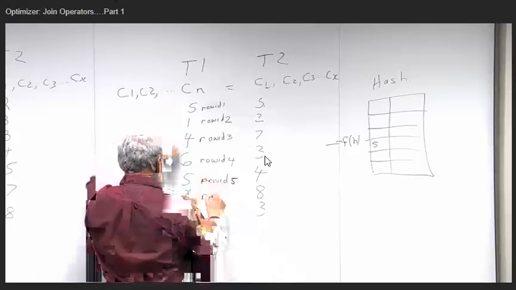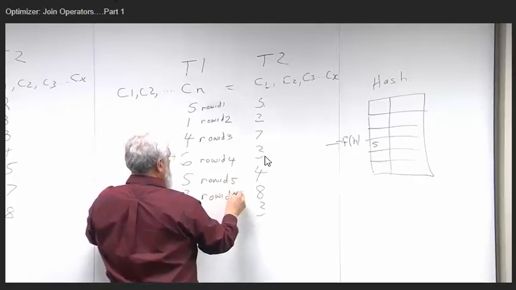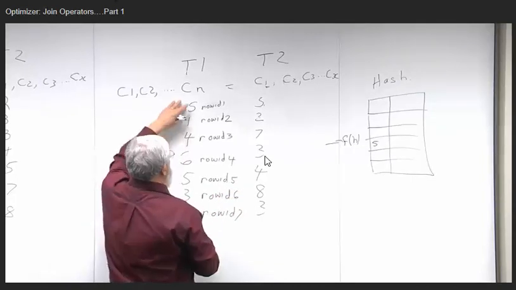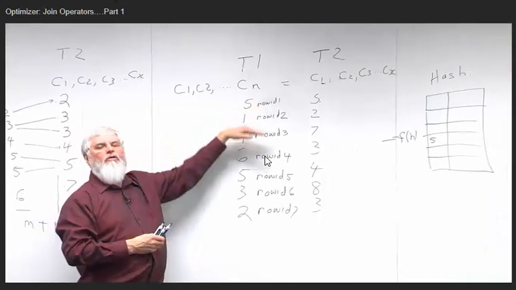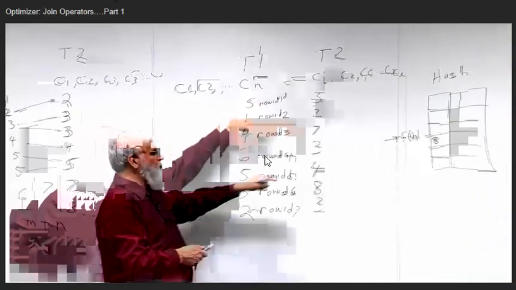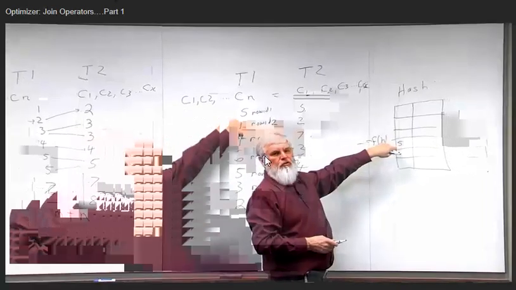Okay, so we have the 7 row IDs. When I hash it to this location, I don't actually need to store the key because it was always hashed to the same location. It's a repeatable hash. But I put it in to illustrate it. And we store the row ID.